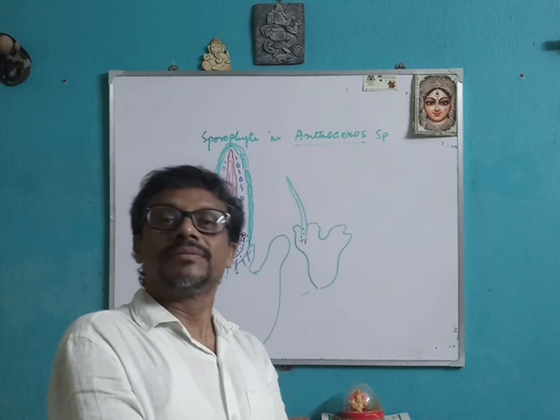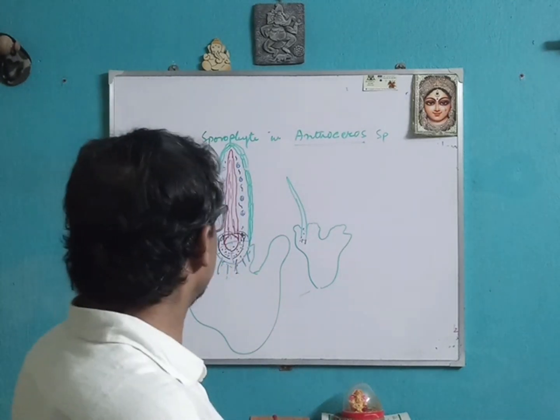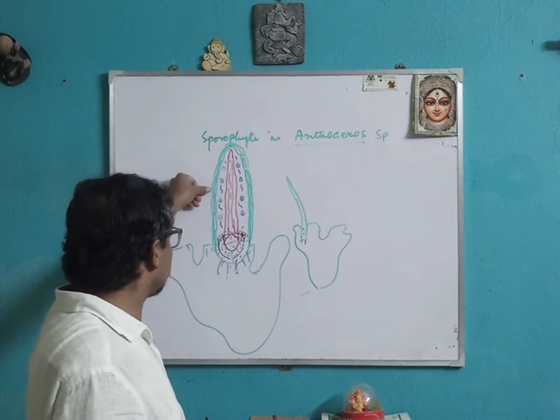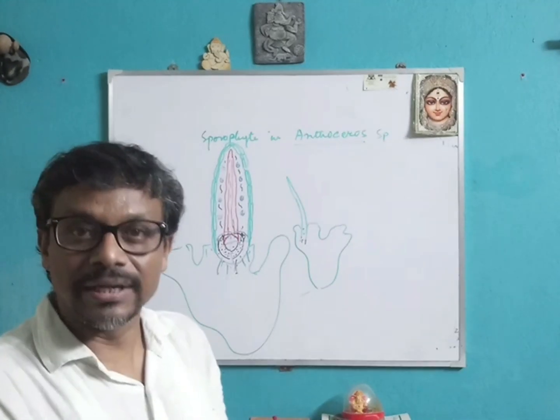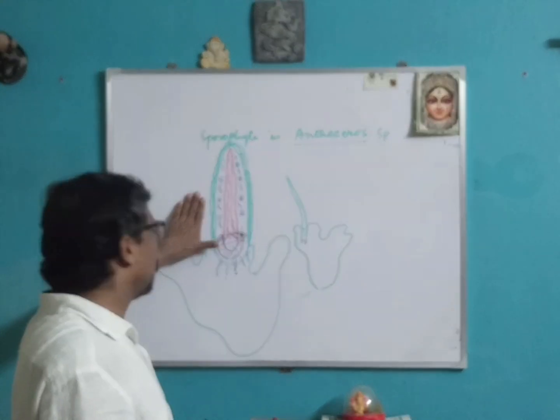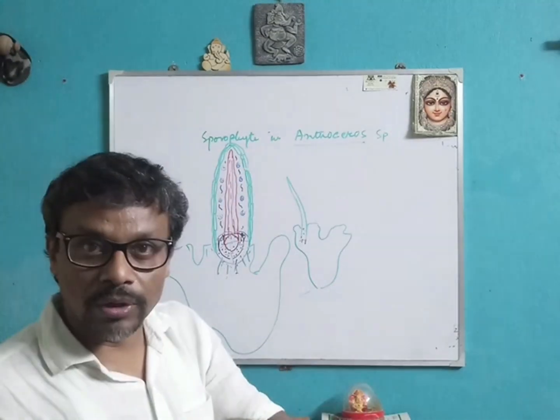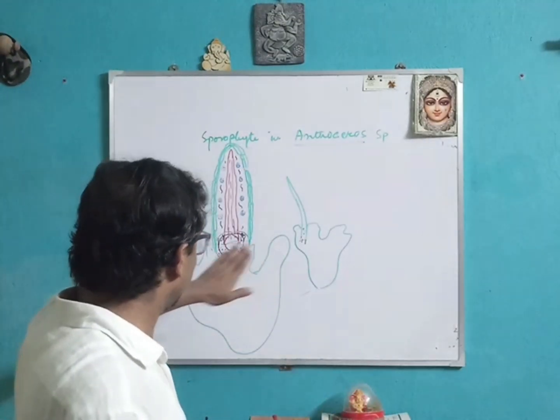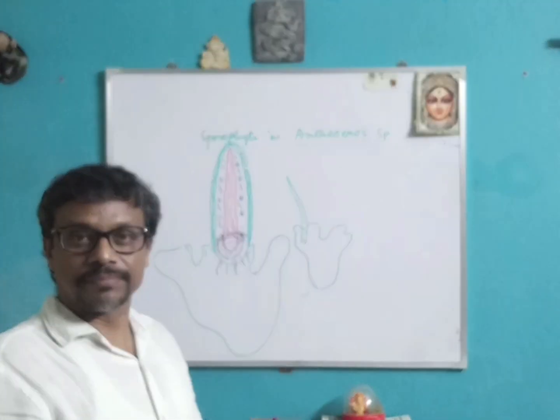Sir, Anthoceros also shows photosynthetic tissue in its sporophyte, ultimately showing the approach by which the sporophyte becomes independent and does not remain dependent on the gametophytic plant body for food and nutrition.